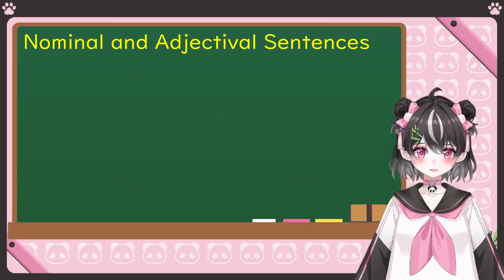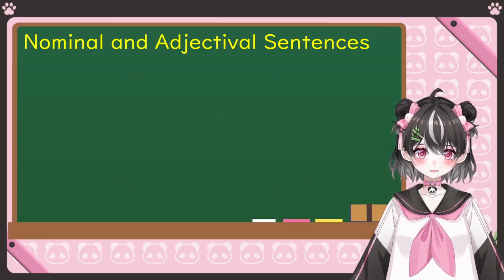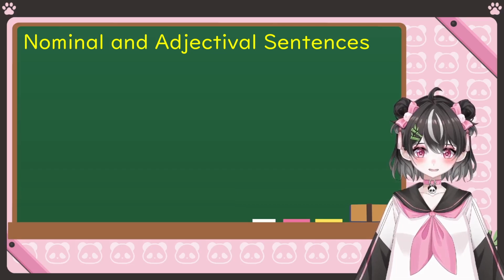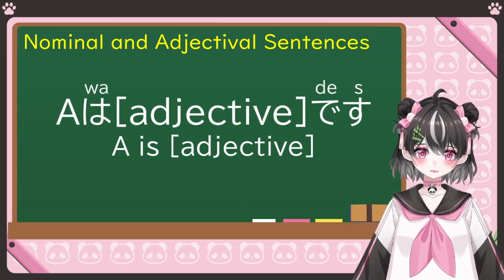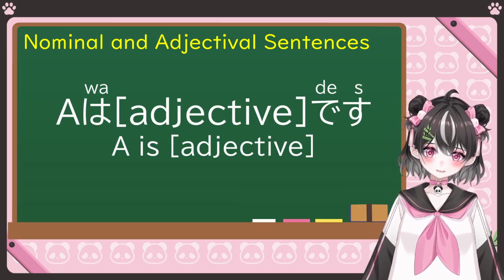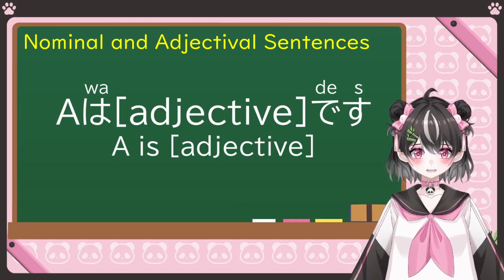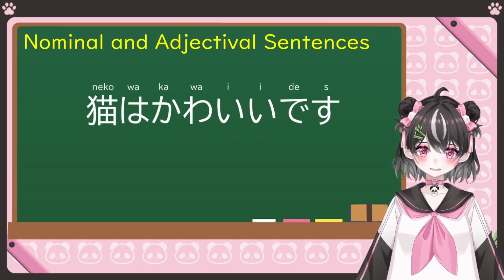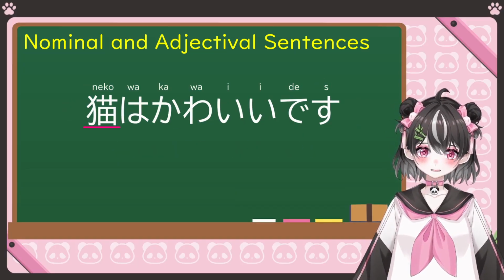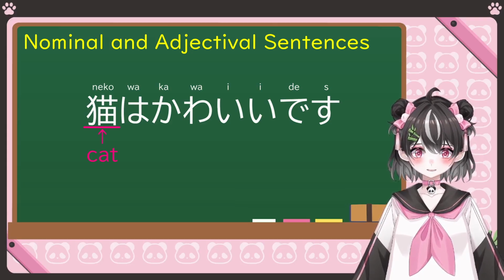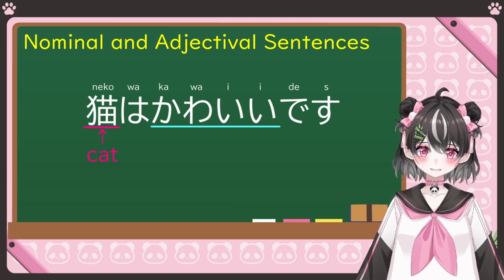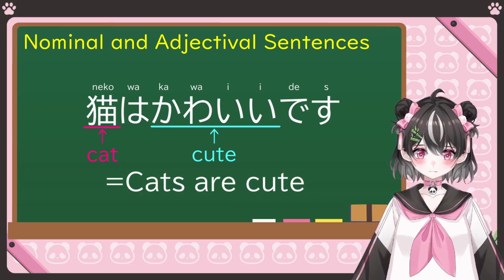You can apply the same pattern to adjectival sentences too. It's like A は adjective です. Like 猫はかわいいです. 猫 is cat and かわいい is cute.